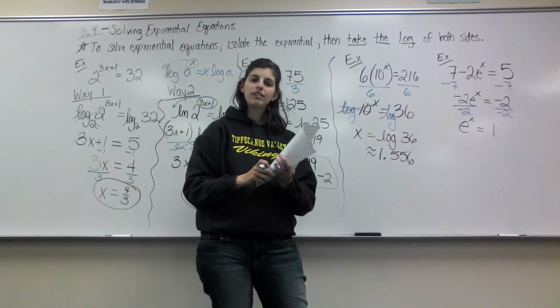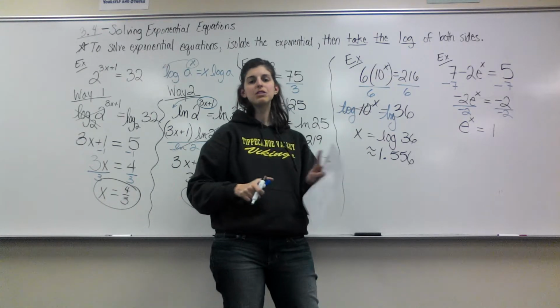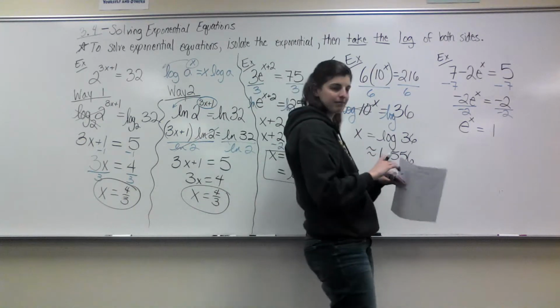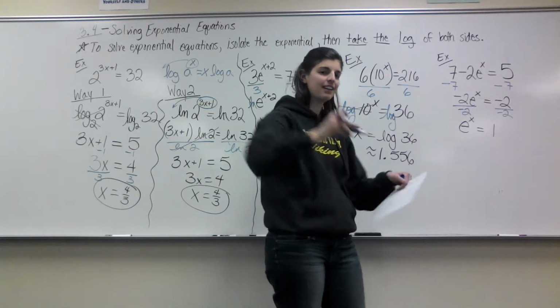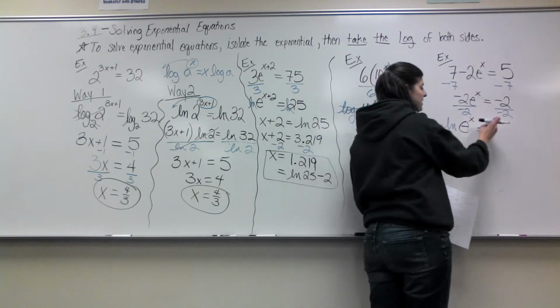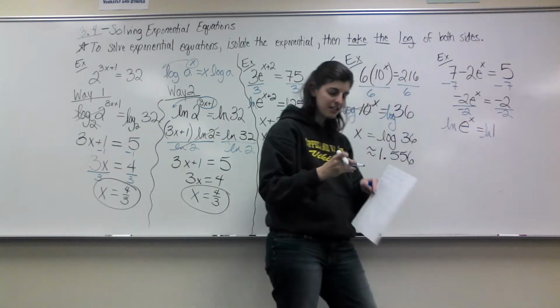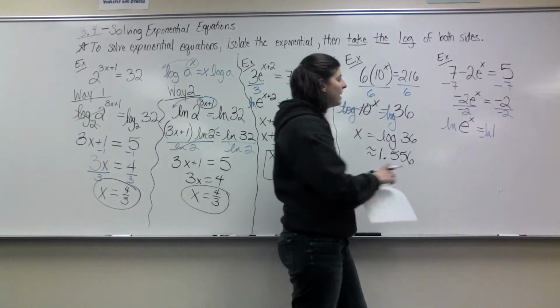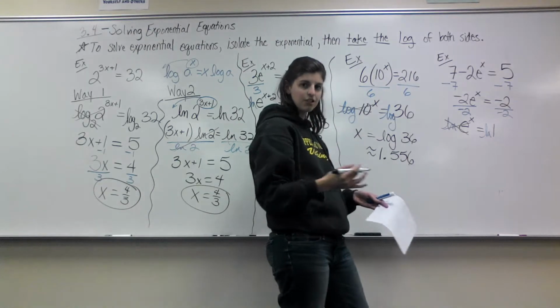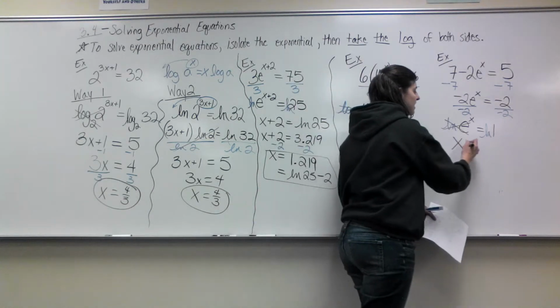Now, e to what power equals 1? Okay, that's the question you need to ask. I can proceed here by taking the natural log of both sides if I can't answer the question I just asked you. All right, and that'll cancel out the natural log of e is just your exponent, which is x here.